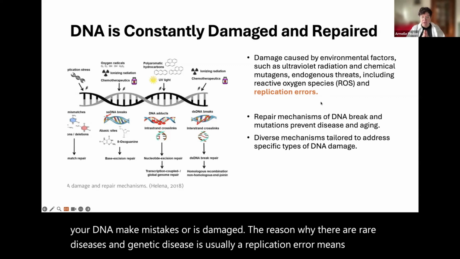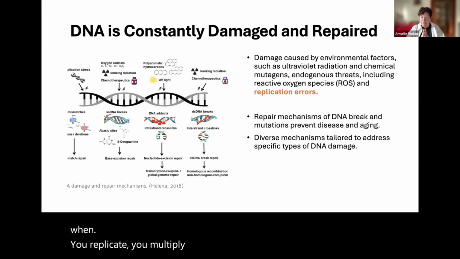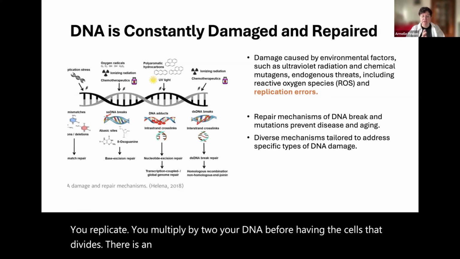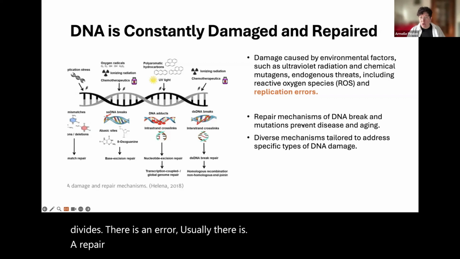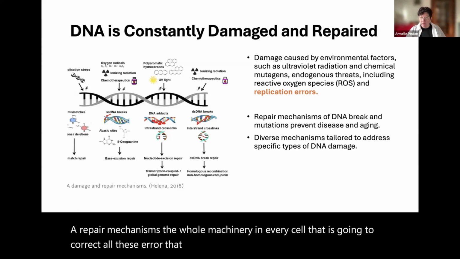It means that when you replicate, you multiply your DNA by 2 before the cells divide, there is an error. Usually there is a repair mechanism, the whole machinery in every cell that is going to correct all these errors that happen all the time.